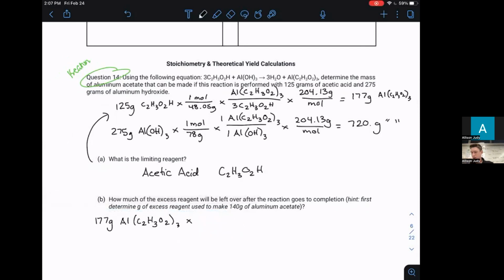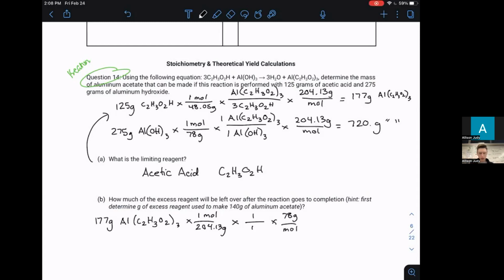And then we're going to use the molar mass 204.13. Molar ratio, which is going to be 1. We're low on time here, so I'm going to do this quickly. 1 for every 1 mole of aluminum hydroxide. And then the molar mass of aluminum hydroxide is 78 grams per mole.